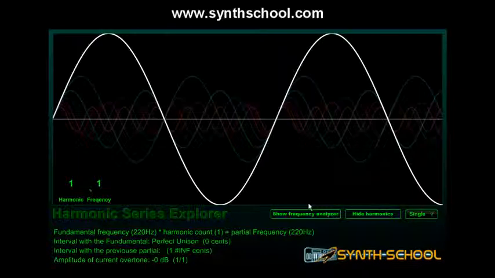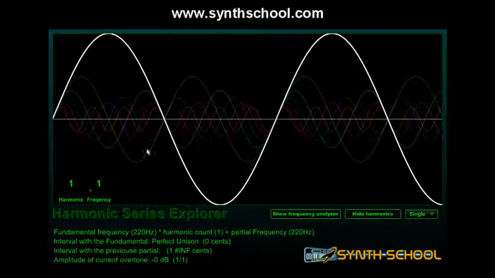The idea behind the system is to keep our wave cycle repetitive, and the only way to do that is to have the overtones start and finish at the same phase of the fundamental frequency. As you can see here, we have small sine waves that represent the harmonics of the sound. The first harmonic would be the fundamental frequency.